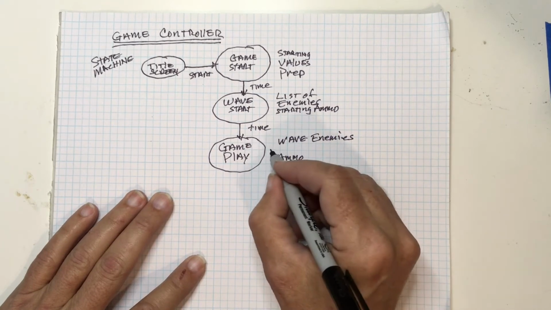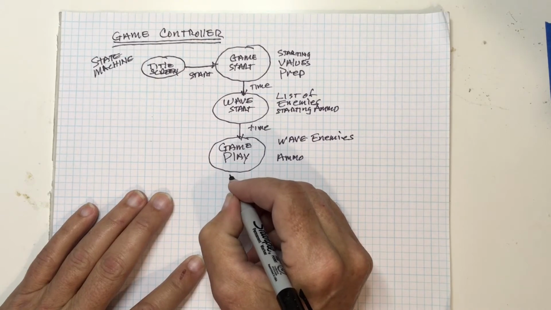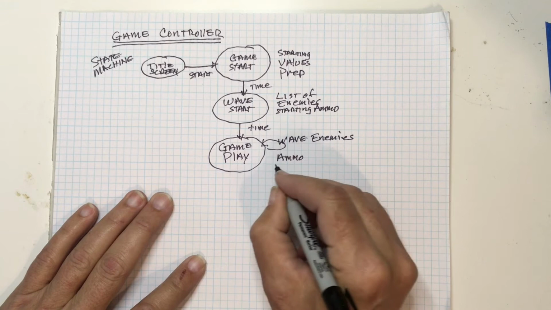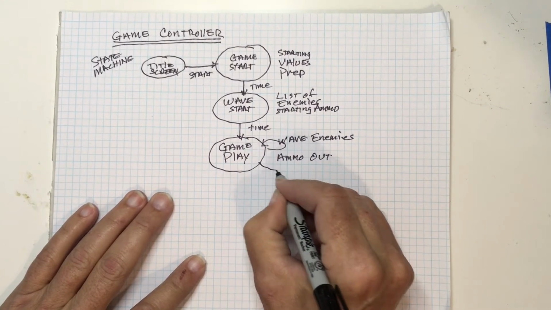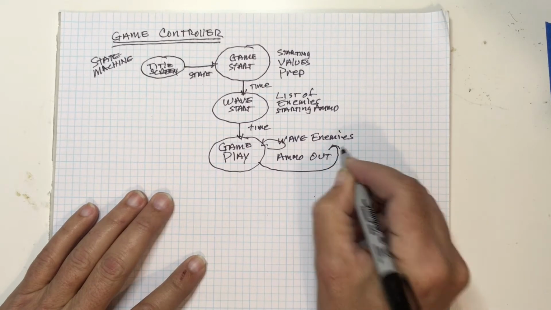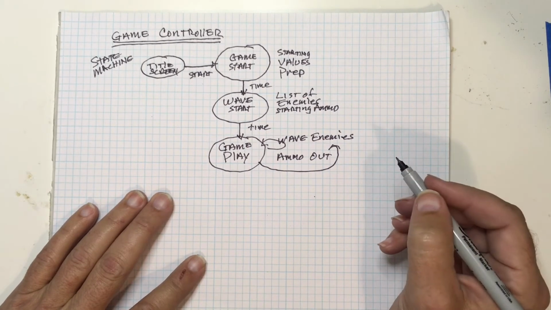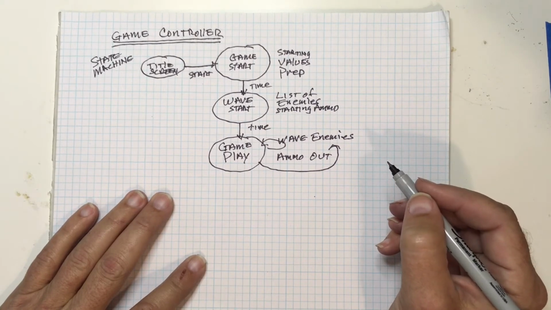If we have wave enemies still in play, then this will loop, right? It goes back to the same state. If our ammo is out, it goes here, and it tells the enemies, hey, we're out of ammo, so hurry up. We don't want the player to be bored just watching the enemies slowly creep in.